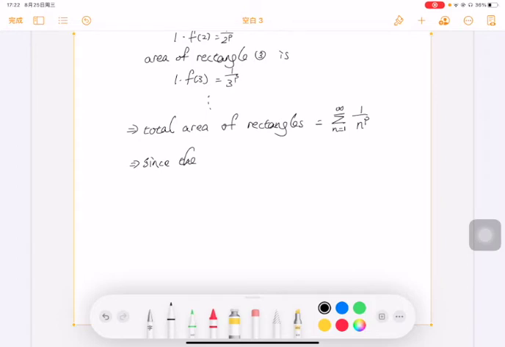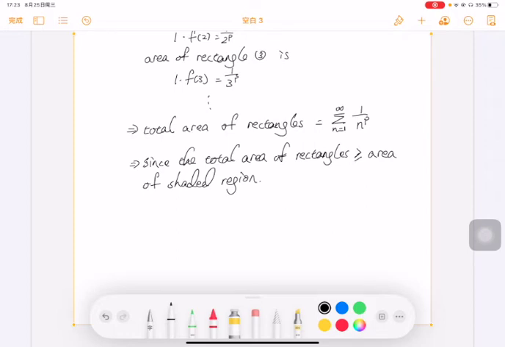since the total area of rectangles is larger than or equal to the area of the shaded region, you don't really need the equal to. You can write larger than because it's actually a strict inequality.